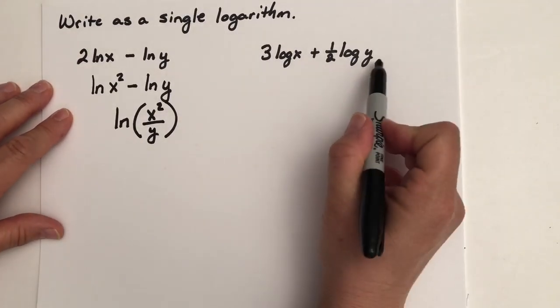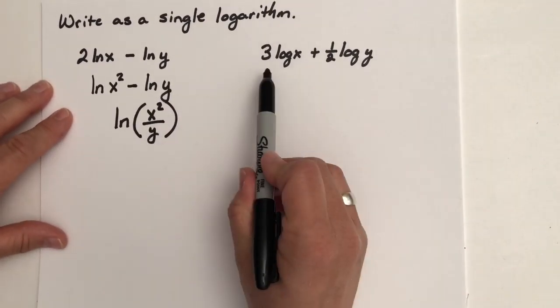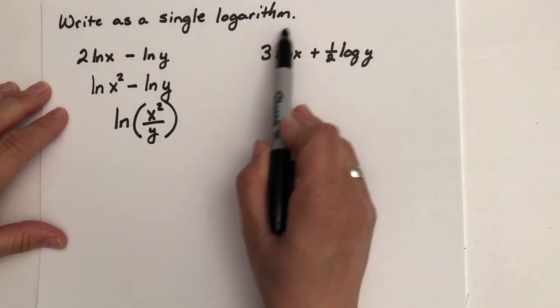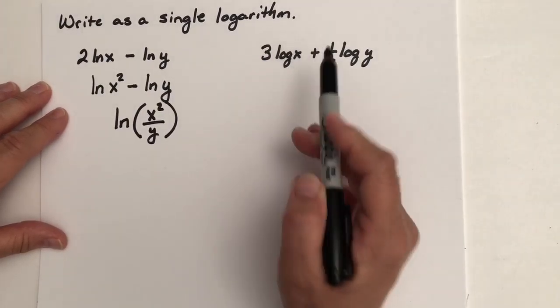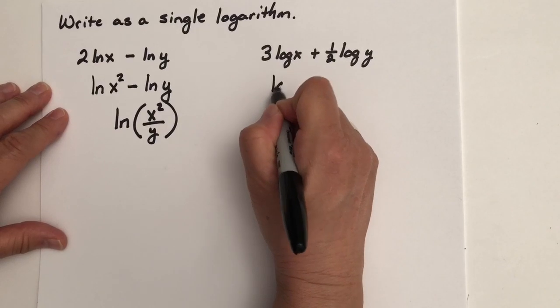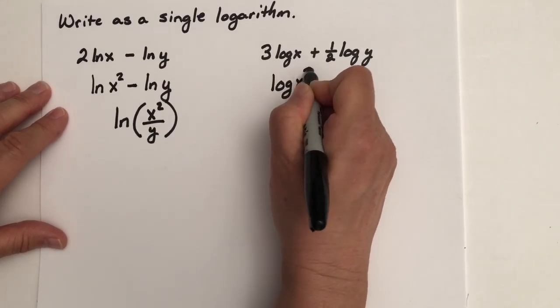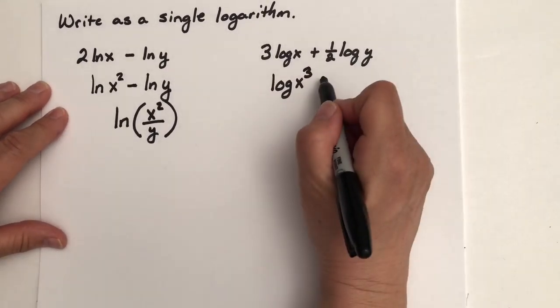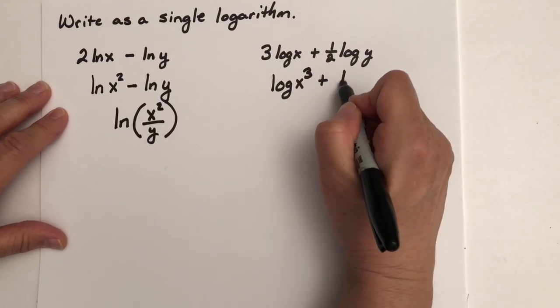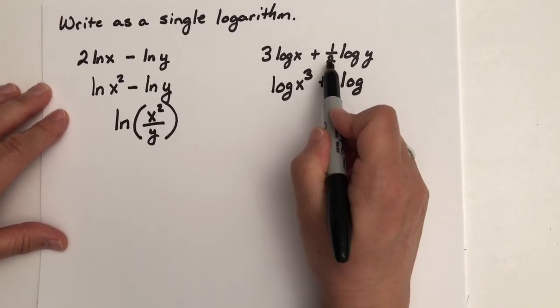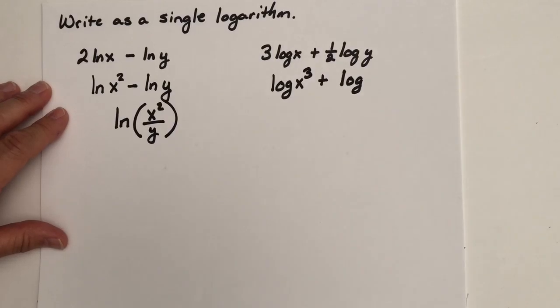Let's move on to this one. Let's handle it the same way. The coefficients go up as the exponent, that power. So I would have the log of x cubed plus the log of, and I'm about to write y to the 1/2, right?